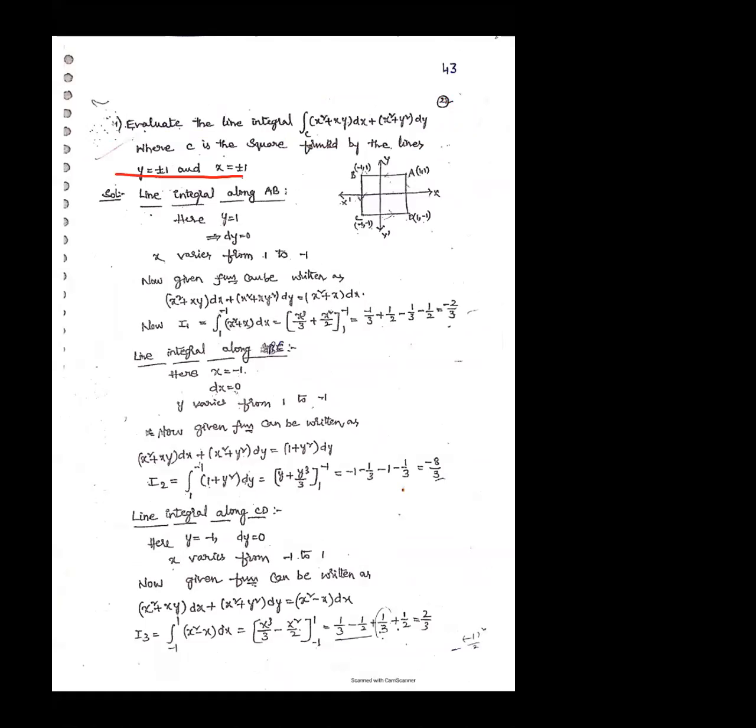We draw the diagram using the given conditions. Those conditions are y equal to plus or minus 1, and x equal to plus or minus 1.